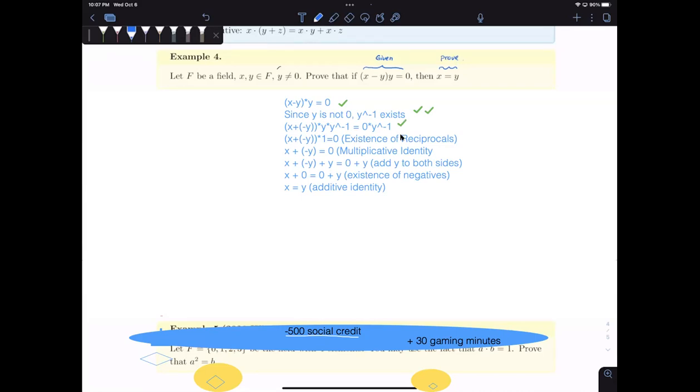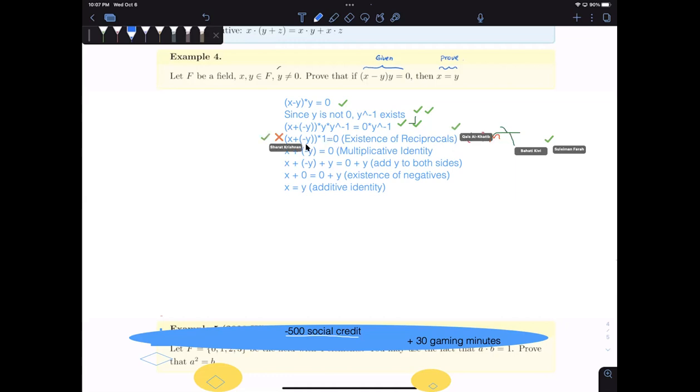And stop adding check marks everywhere. x plus negative y multiplied by 1 equals to 0. Existence of reciprocal. Here you should also say use the claim, because 0 multiplied by everything is 0. It's not wrong. It's just missing something.